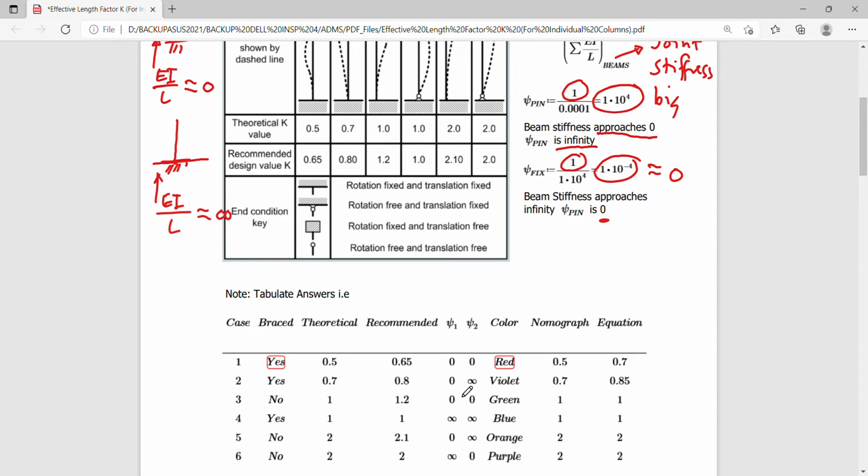For case 2, we have fixed-pin, so this is 0, infinity, or 0, big value. For case 3, we have 0, 0. This is fixed again, but with lateral translation. For case 4, we have pin-pin with no lateral translation. And cases 5 and 6 are 0, infinity, or fixed-pin and pin-fixed with lateral translation.